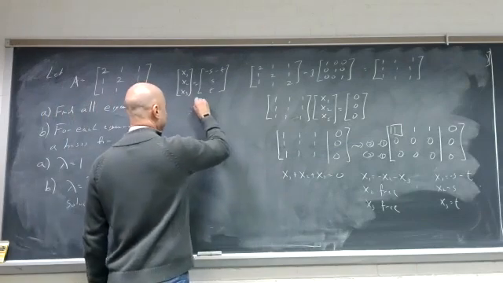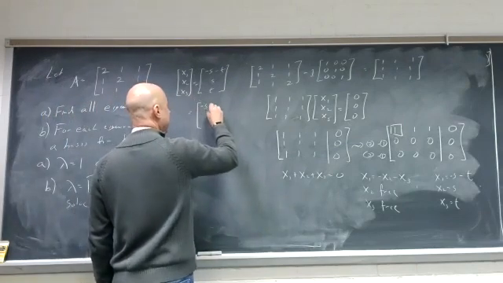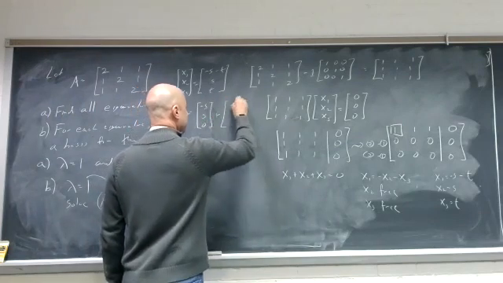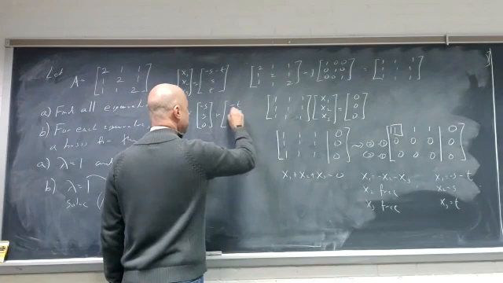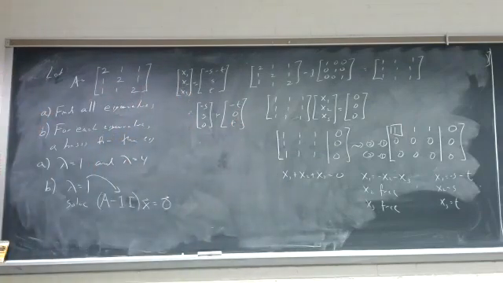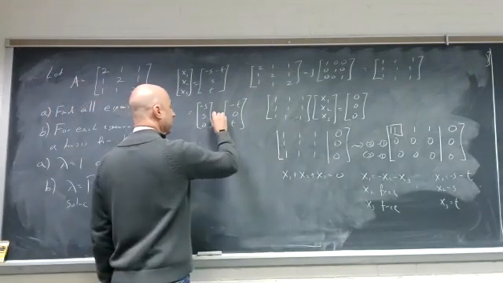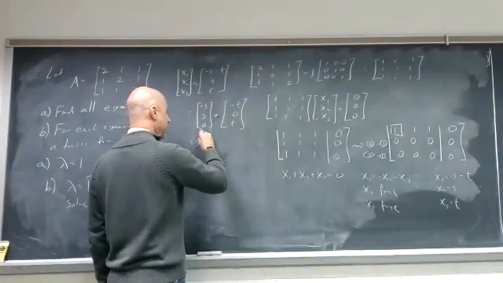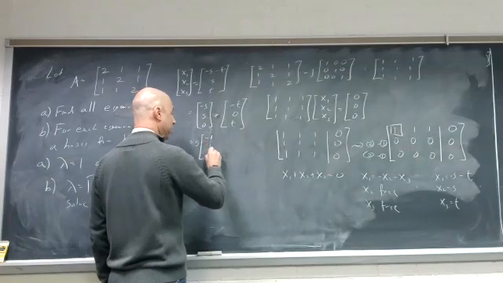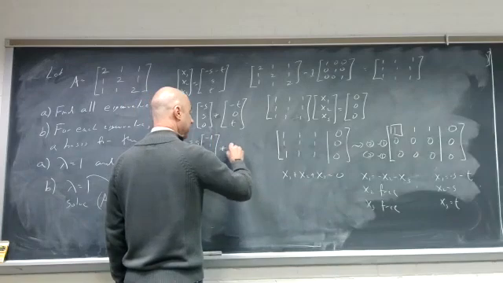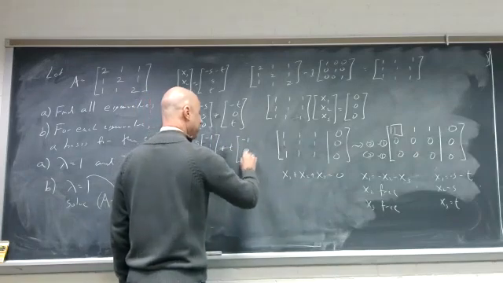Put all the s's in one and all the t's in the other. So minus s, s, 0 plus minus t, 0, t. In other words, s times minus 1, 1, 0 plus t times minus 1, 0, 1.